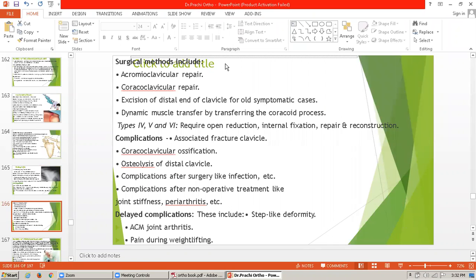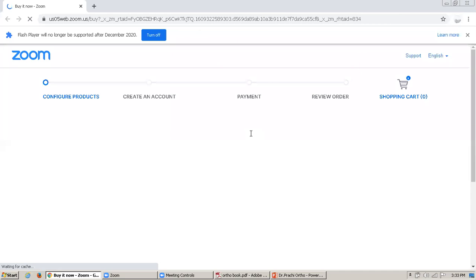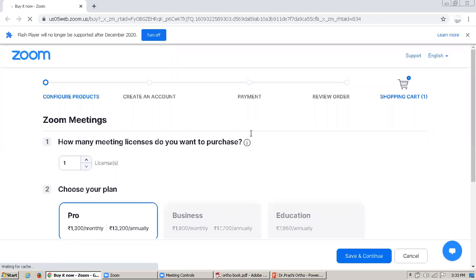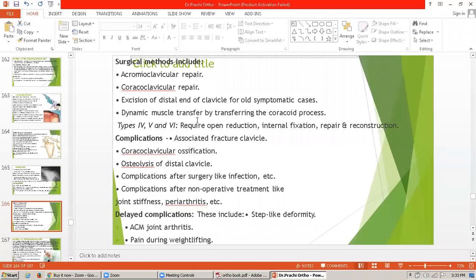The surgical methods for these include acromioclavicular repair, coracoclavicular repair, excision of the distal end of the clavicle for symptomatic cases, then dynamic muscle transfer by transferring the coracoid process.